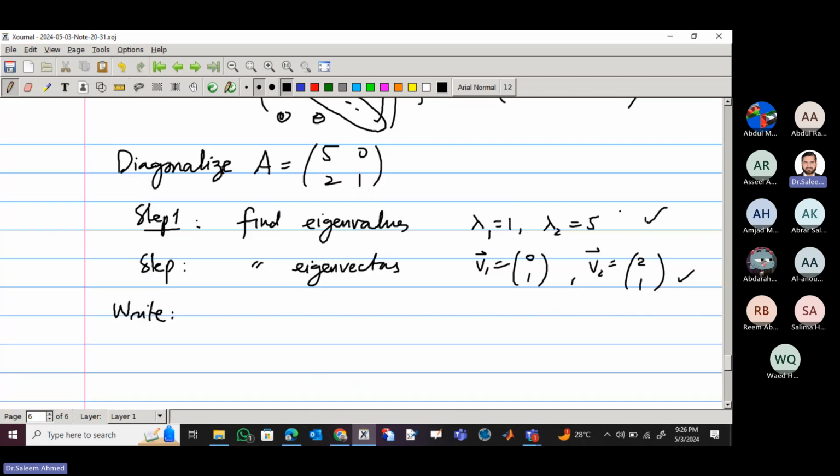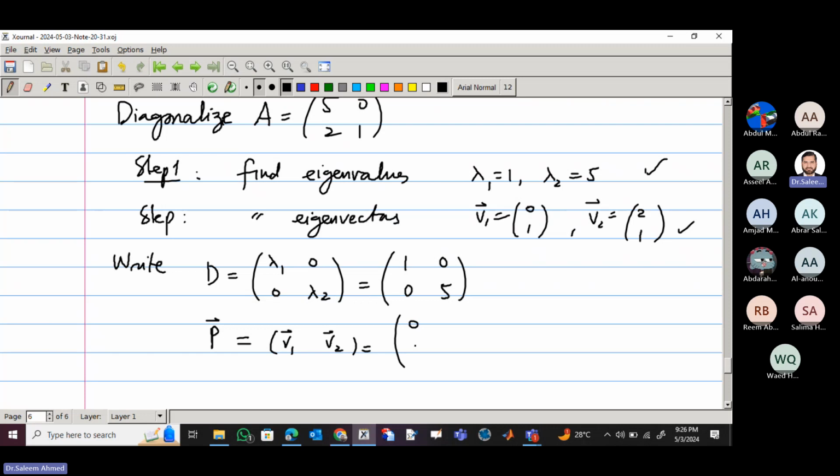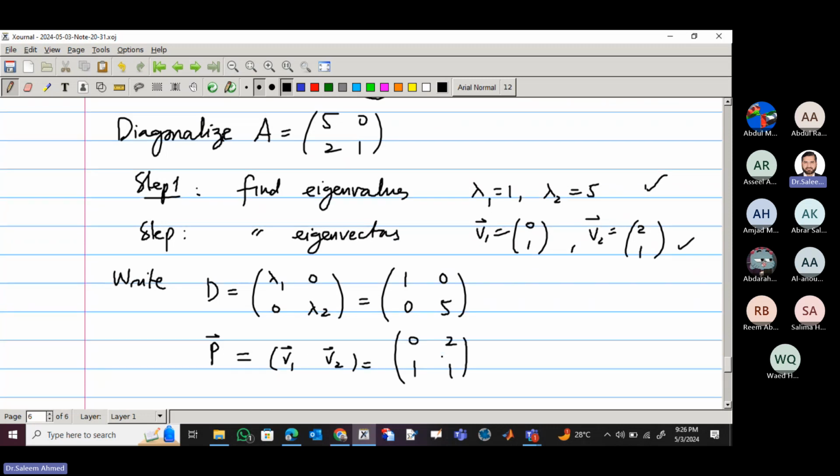It means you have to just do this, which I'm going to do now. Now I will write D where my first eigenvalue, because it was 2 by 2, so I just have 2 by 2 matrix. Lambda 1, 0, 0, 5. This is my D. P is V1, V2, only 2 eigenvectors. So P is 0, 1, first eigenvector, 2, 1, second eigenvector. That's it. You just have to write that.